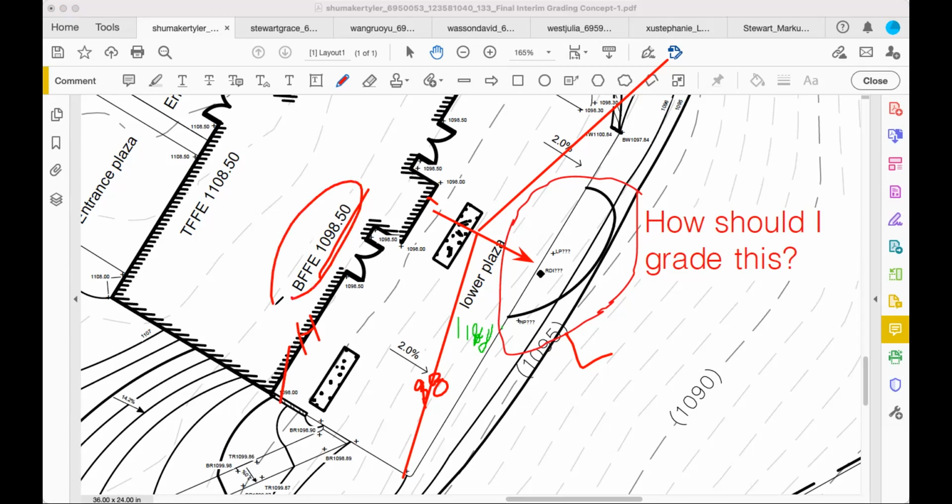So if you have a BFFE at 98.50, that would not be 1098.00, otherwise you would have one step, right? You don't want a step. You want it to be accessible. These will be 0.5, the same as your 0.5. So it also has to be 0.5. Okay.